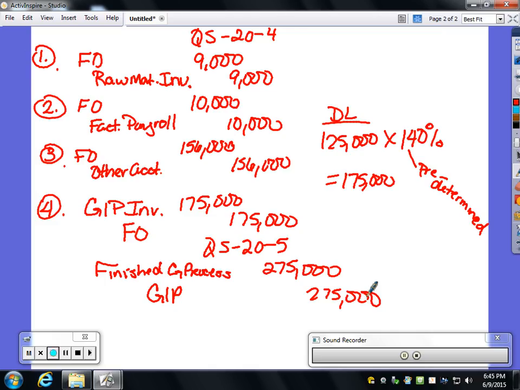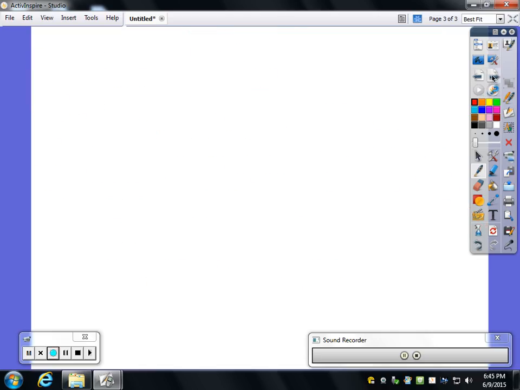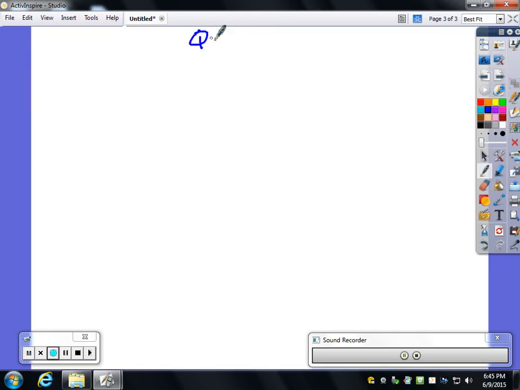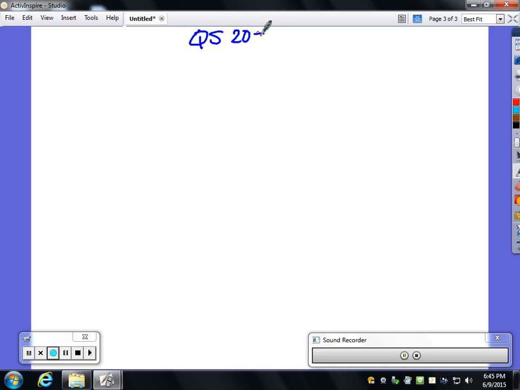So if we're using EUP, what is the equation for EUP? You want to find equivalent units of production under weighted average. What do you have to do?